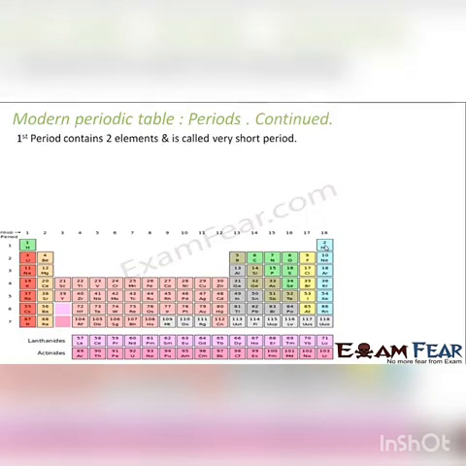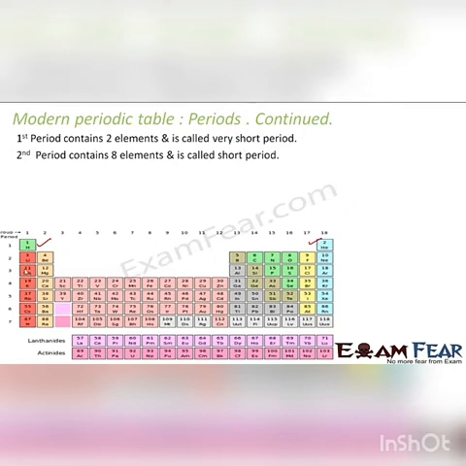Let's see this. The first period has only 2 elements, hydrogen and helium, and it's called the very short period. The second has 8 elements: lithium, beryllium, boron, carbon, nitrogen, oxygen, fluorine, and neon. It's also called a short period. Similarly, the third one has sodium, magnesium, aluminum, silicon, phosphorus, sulfur, chlorine, argon.